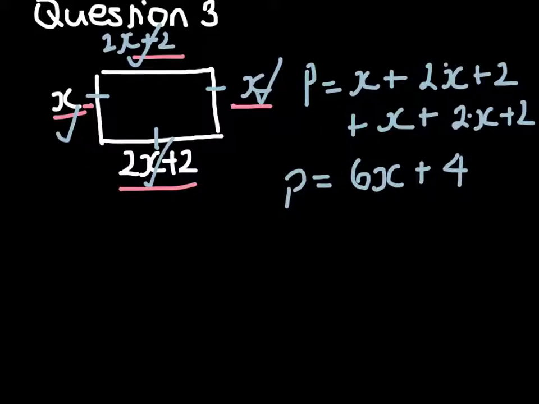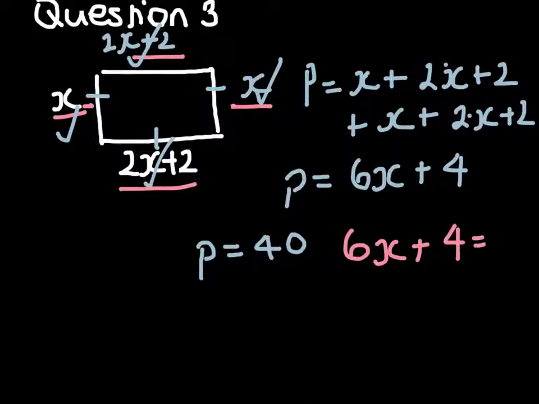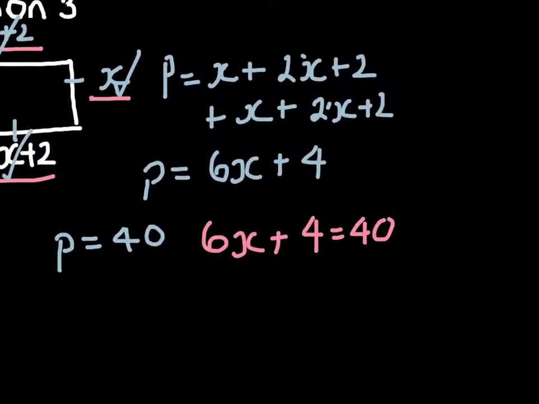To solve it, she's got 40 metres of fencing, so therefore my perimeter is going to be 40. So P equals 40, which means I can rewrite it as 6x plus 4 equals 40. We're going to change the side and we're going to change the operation.